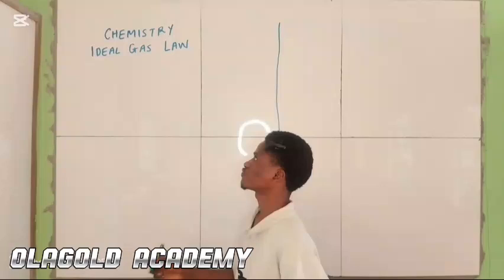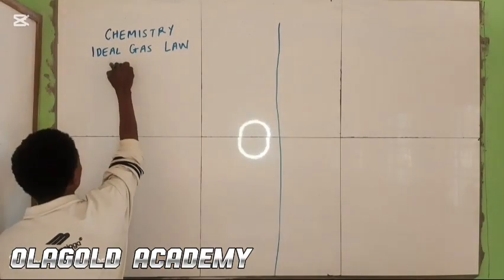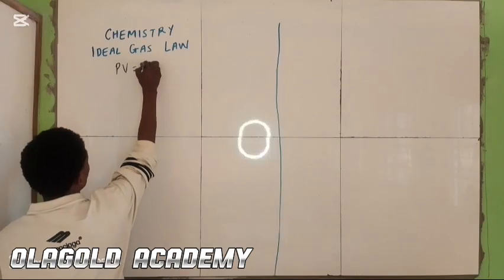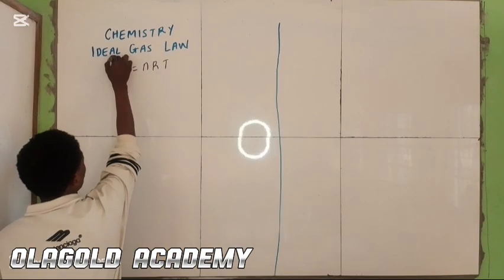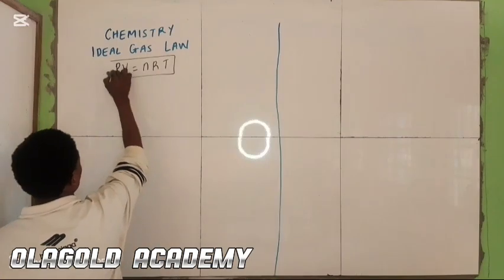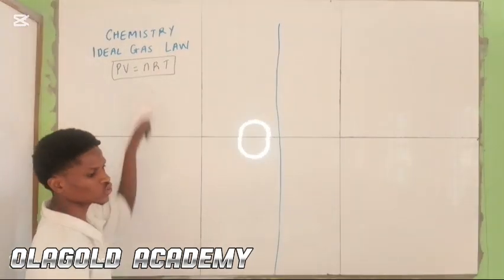Therefore, from the ideal gas law, we have PV equal to nRT. This is the ideal gas equation.